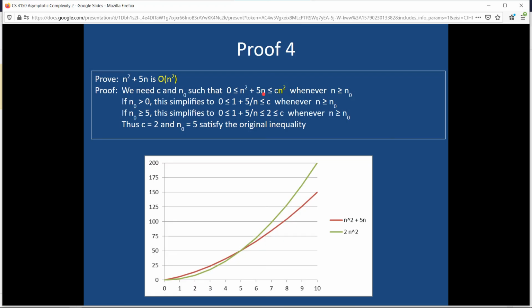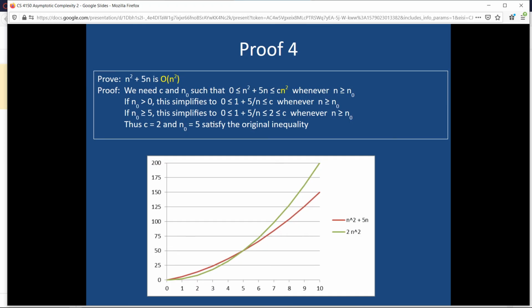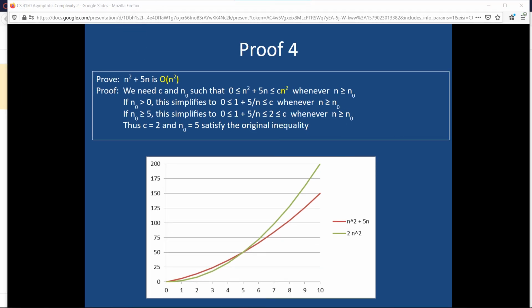All right, let me ask you some other questions. What about this? Let's let f of n equal 1, and let's let g of n equal 10 plus cosine of n.